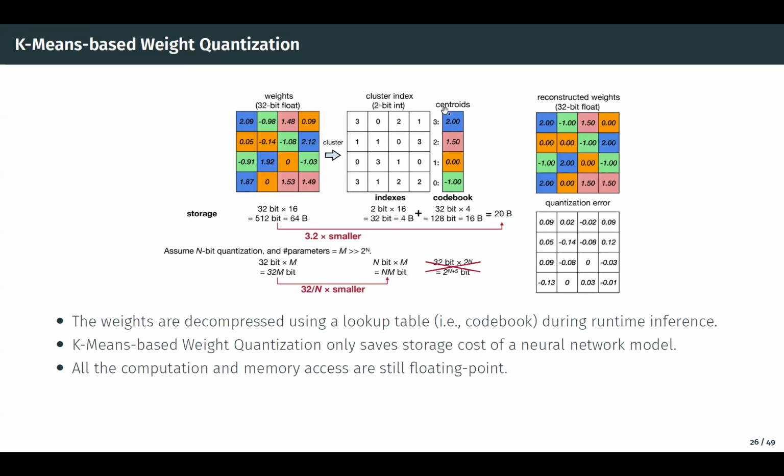And for 2 bits, you can see some of the weights have been clustered together, the blues based on this color. From these blue values, we can use the number 2 to represent them. And then we form these centroids into a codebook. So we store this in hardware and then match their indices to the various values of the weight.